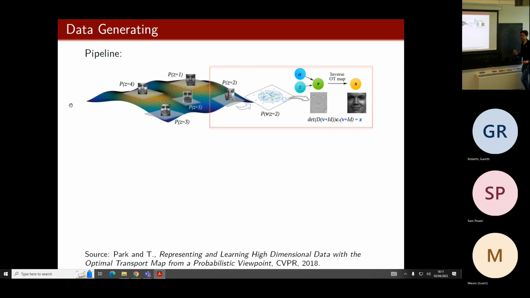I can't draw in infinite dimensions, so I just draw in 3 dimensions. We pick our points here, and then we draw our tangent plane. Imagine we have lots of images which all live on this manifold, and then we project them up into the tangent plane.